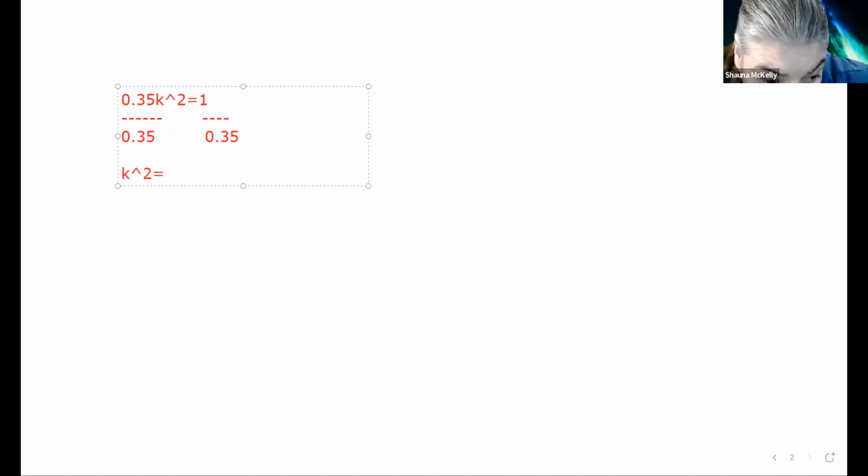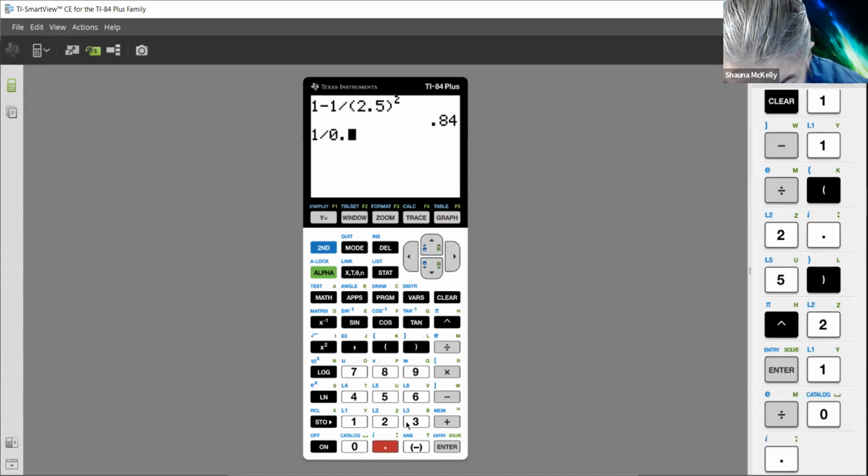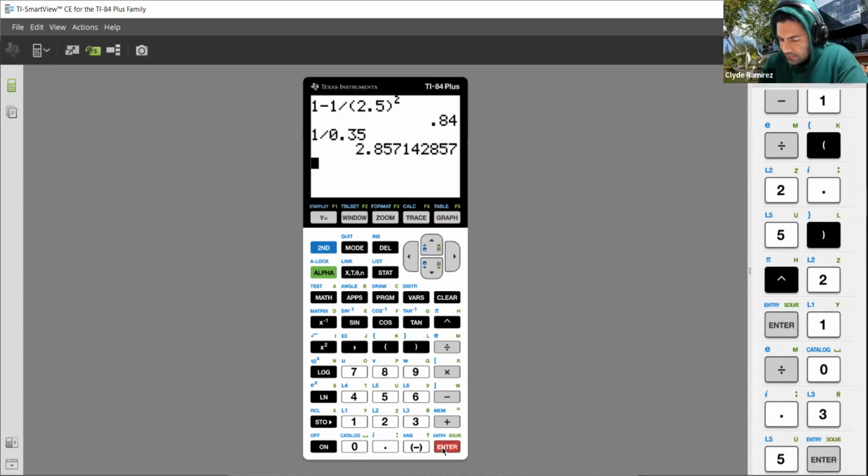Now, if I put that in my calculator, let me share the screen. So I have 1 divided by 0.35. What do you get for your answer? 1 divided by 0.35, I get 2.86. Yeah, roughly 2.857, 2.86. That's fine.